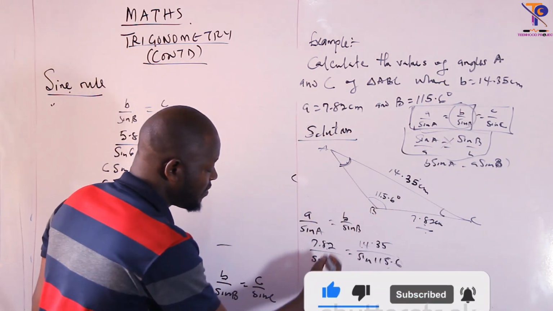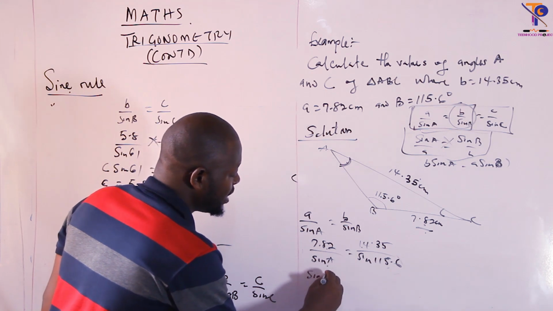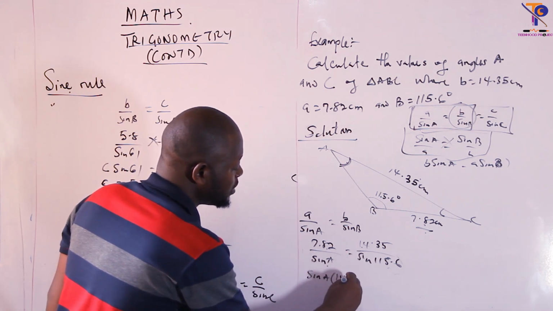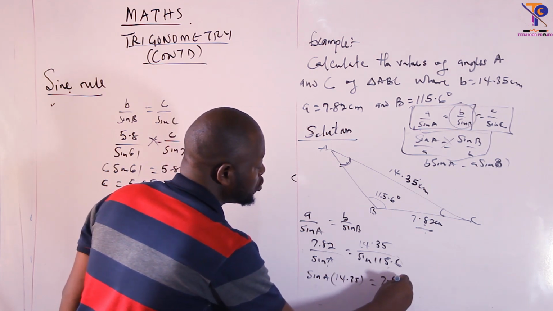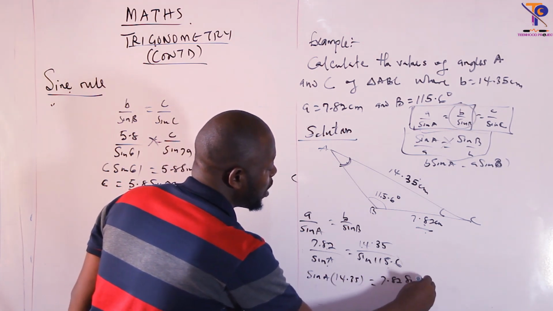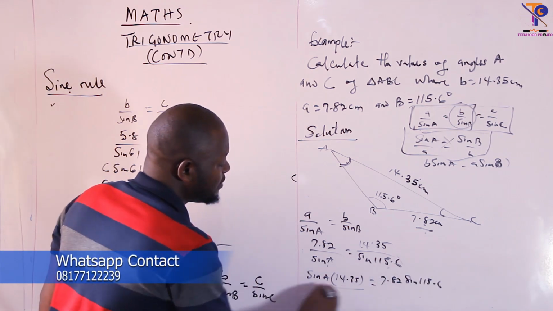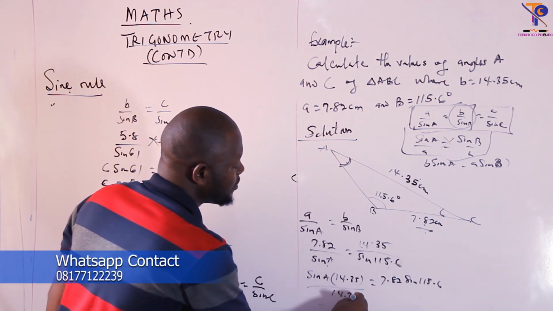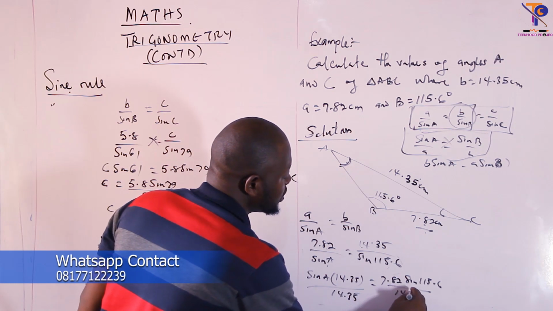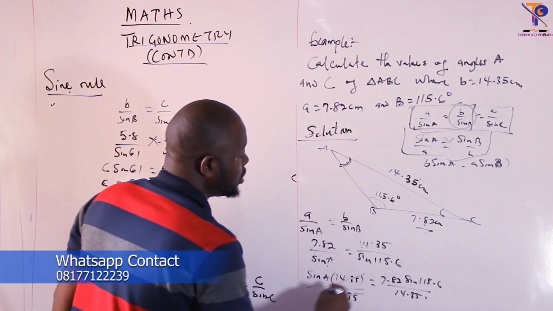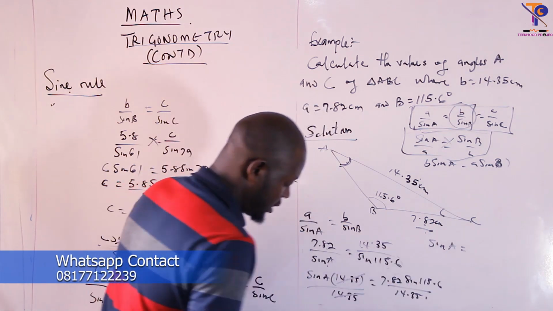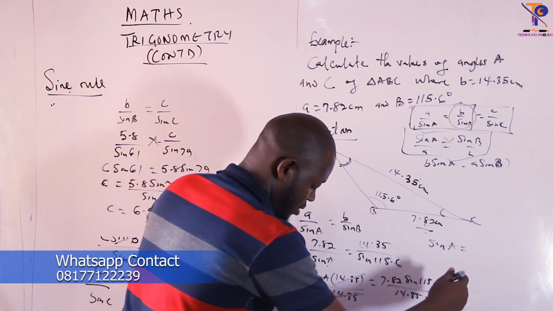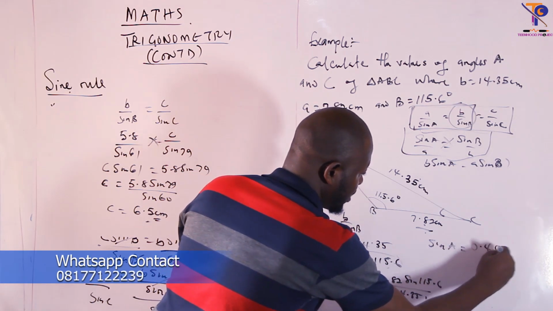So from here we have sine A multiplied by 14.35 is equal to 7.82 sine 115.6. I can divide both sides by 14.35, so this one will cancel this. I will have my sine A is equal to, according to what I have, 0.49.